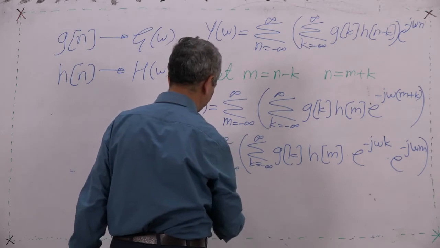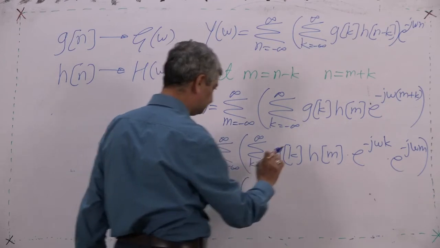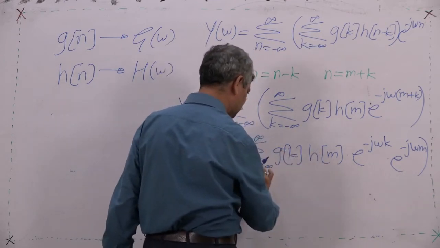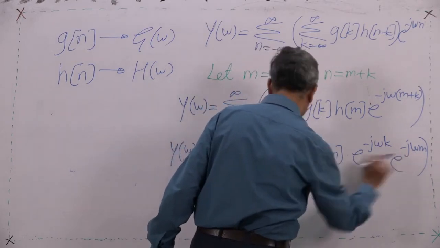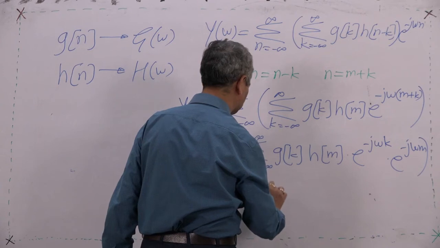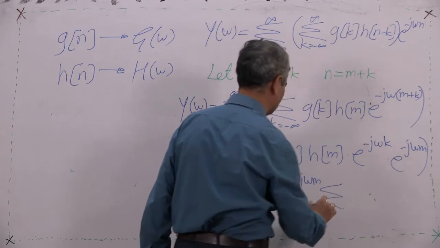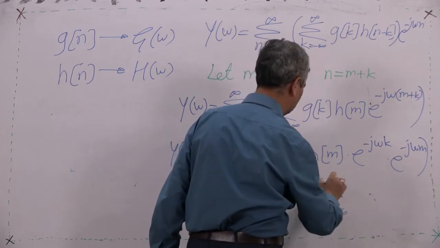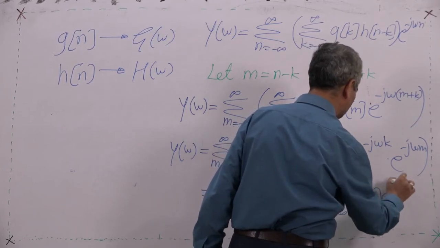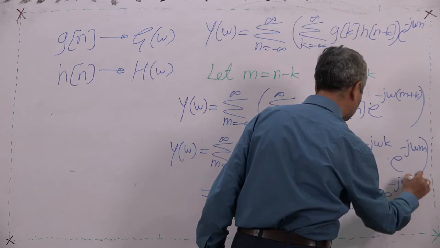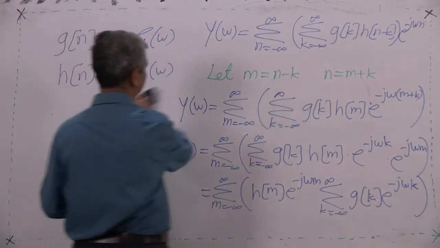Listen very carefully: m equal to minus infinity to infinity, hm and e raised to minus j omega m have no relation with k, and then inside, k equal to minus infinity to infinity, gk, and now we are coming close, e raised to minus j omega k. So we rewrite again, let us be very much patient.